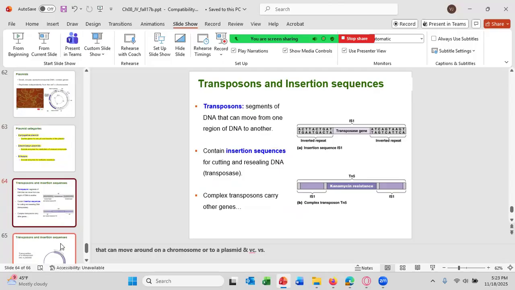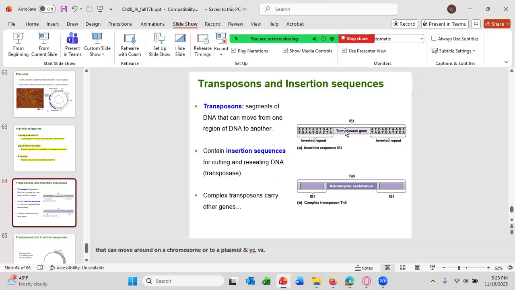A transposon is a segment of DNA that can move from one region of DNA to another. Transposons are sometimes called jumping genes because the gene can move about on a chromosome. And in human cells or a eukaryote cell, the gene can actually jump from one chromosome to another. Any question about that? So a transposon always has a transposase gene and then inverted repeats on the ends of that transposase gene.